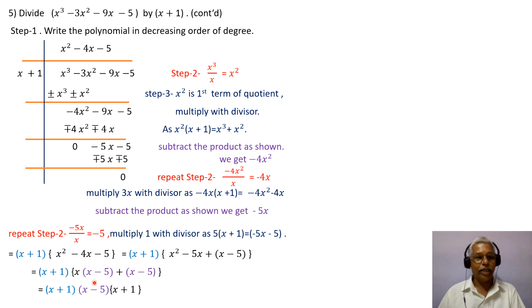So now x minus 5 is to be taken common, and in the bracket we are left with x plus 1. We have done this part in some other example also. This is very easy. So this is the way how you have to use the remainder theorem. It is very easy.